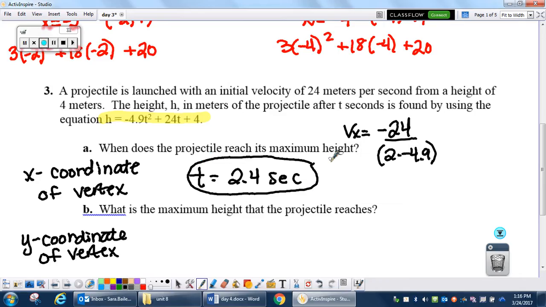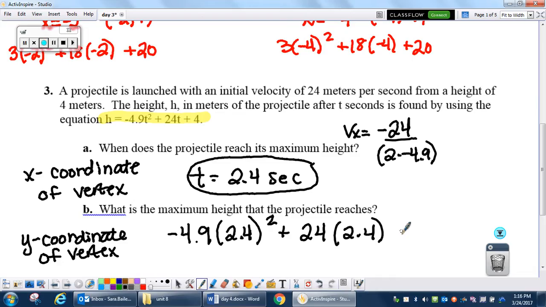All right, and then the maximum height, you're now going to substitute 2.4 into the actual equation. And that should get you 33.4 meters.